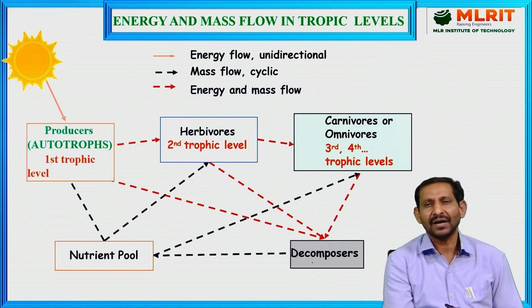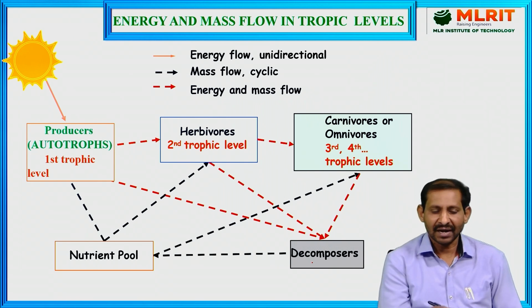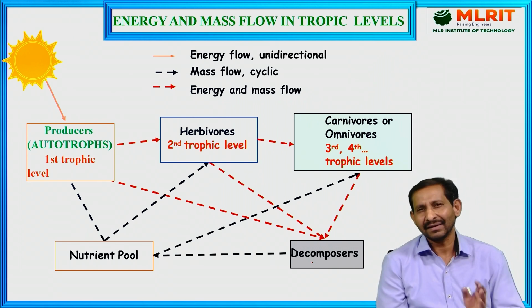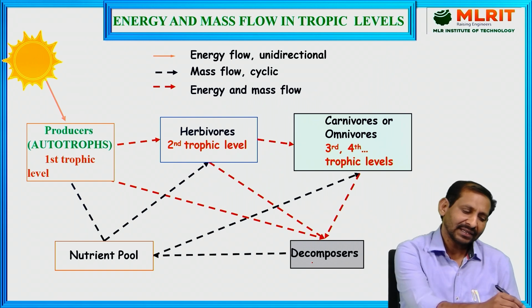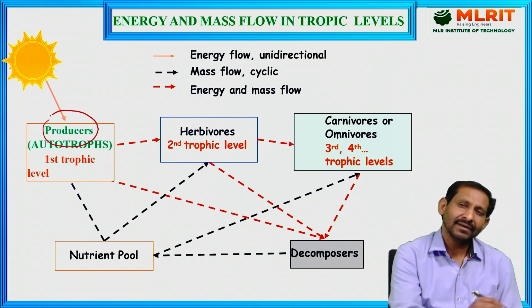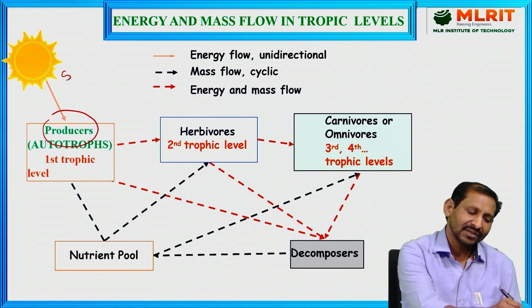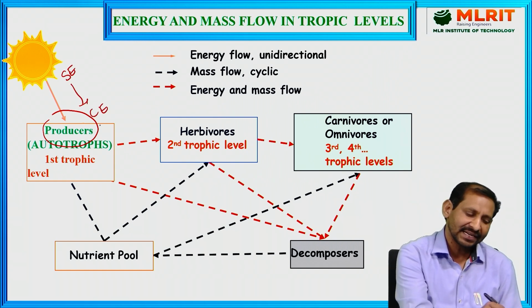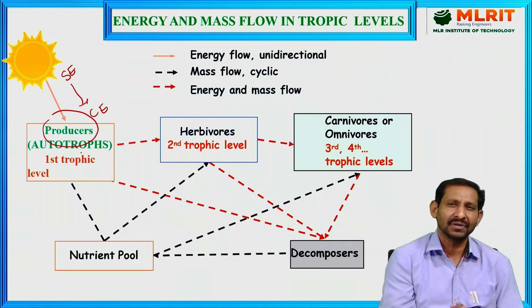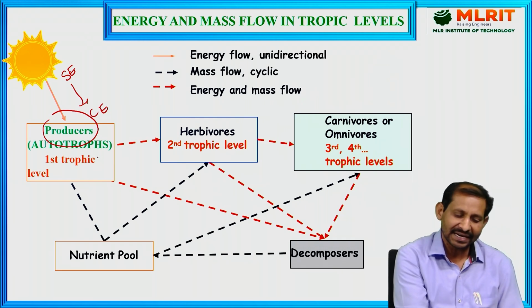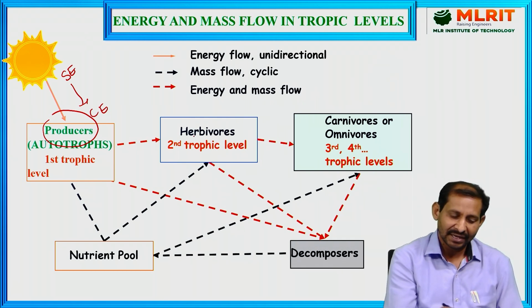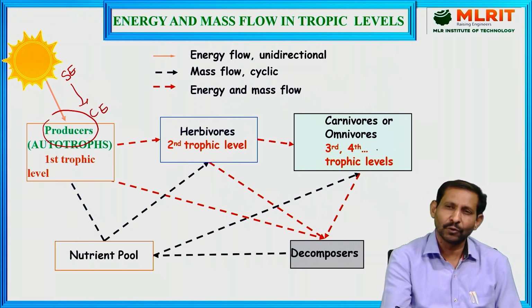Now coming to the flow of energy and mass in the different trophic levels. Producers prepare organic matter through the photosynthetic reaction, where solar energy is converted to chemical energy. That chemical energy is stored in autotrophs like plants, and is transferred to the second, third, and fourth trophic levels, and finally to the decomposers.